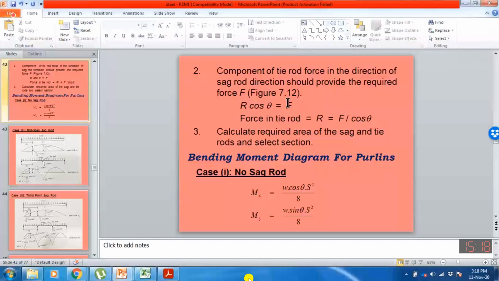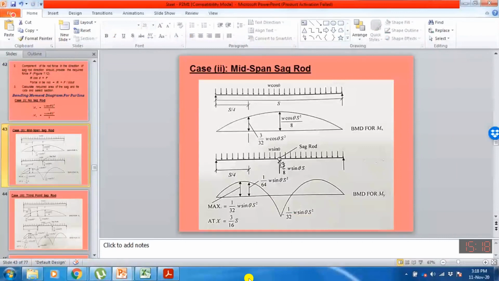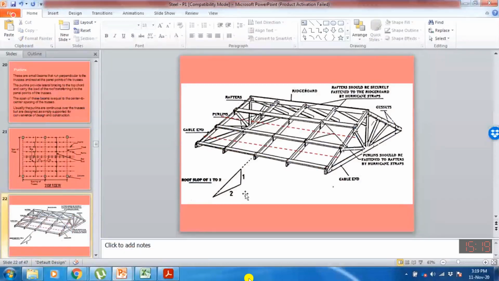R is the actual force in the sag rod, and F is the horizontal force, which is the horizontal component of this force developed in the sag rod, that we are obtaining from this chart, which is given on page number 79 and 80. So let me explain.